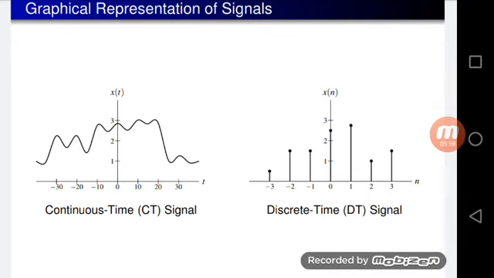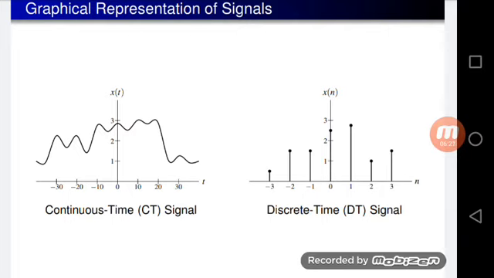These are the signals: the first is the continuous time signal CT, and the second is the discrete time signal DT. A continuous time signal means the signal flows continuously without breaking. That's why it is called a continuous time signal. It contains positive and negative directions.